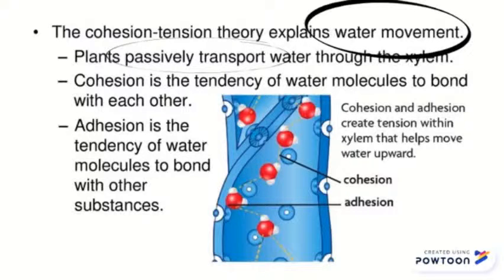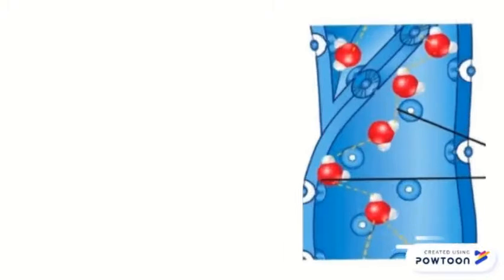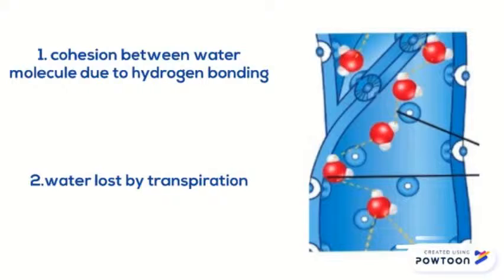Cohesion is the tendency of water molecules to bond with each other. Cohesion and adhesion create the tension within the xylem that helps move water upwards. Cohesion between the water molecules due to hydrogen bonding pulls more water molecules along.